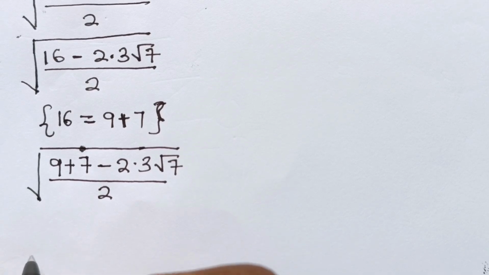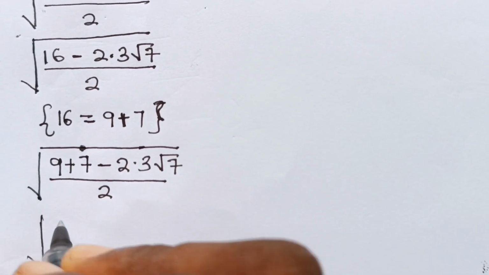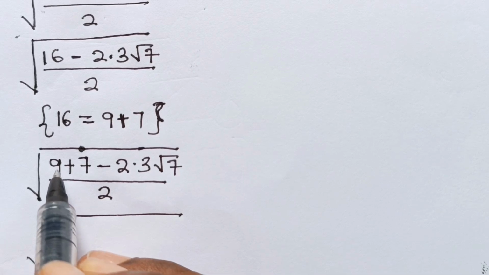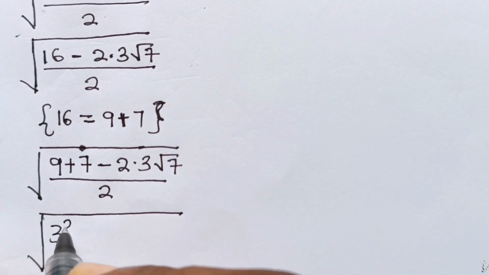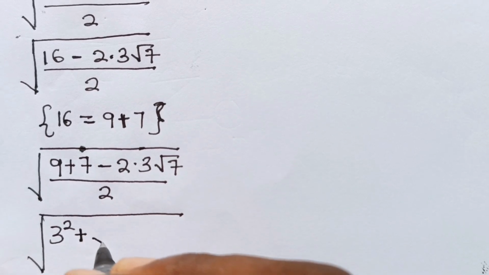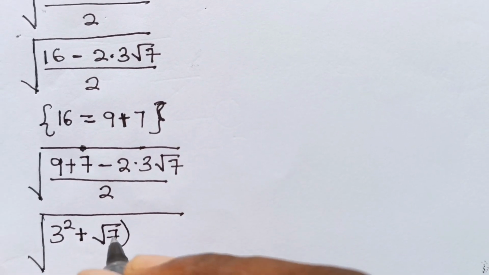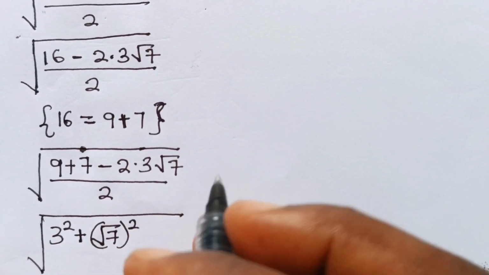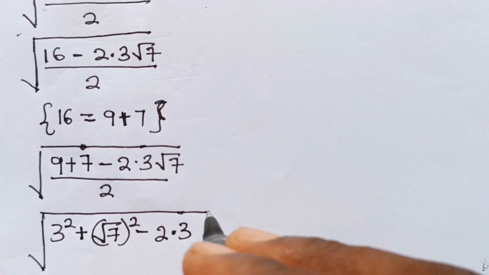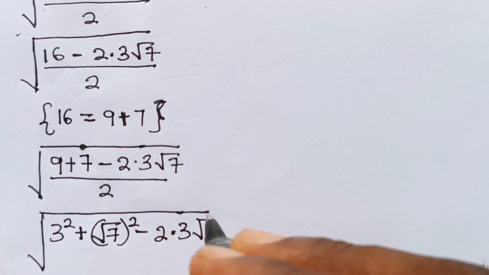So this is equal to the square root of, now 9 is same thing as 3 squared, so we have 3 squared plus, now 7 can be expressed as square root of 7 squared, right? Then minus 2 multiplied by 3 root 7, okay?